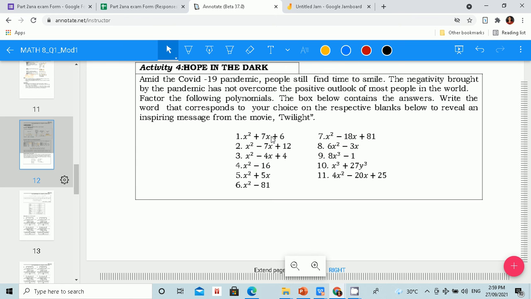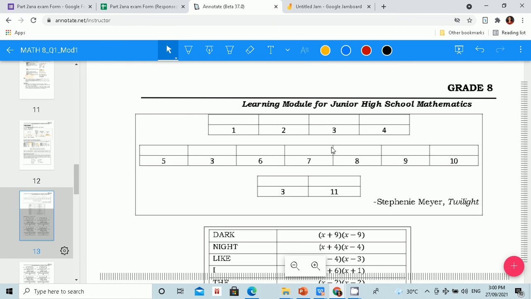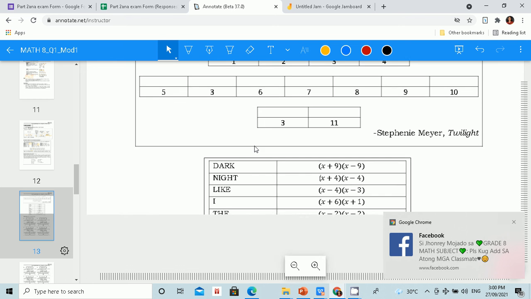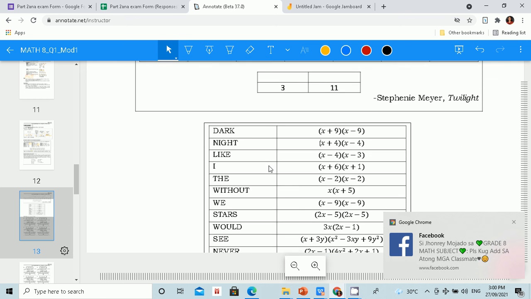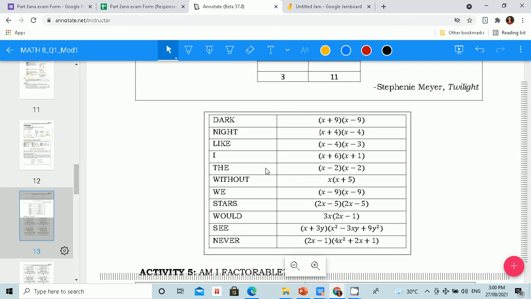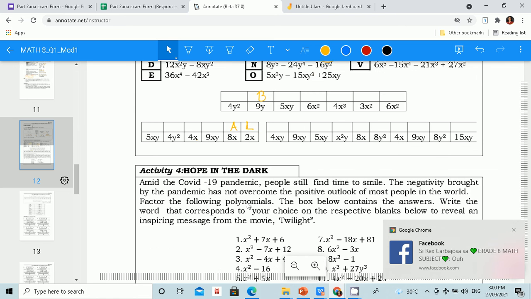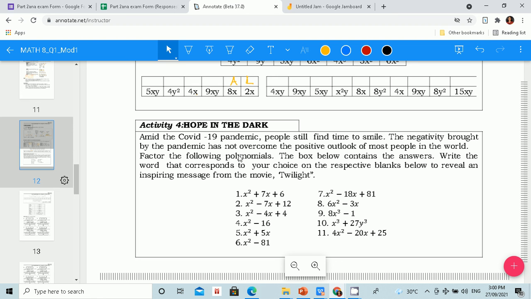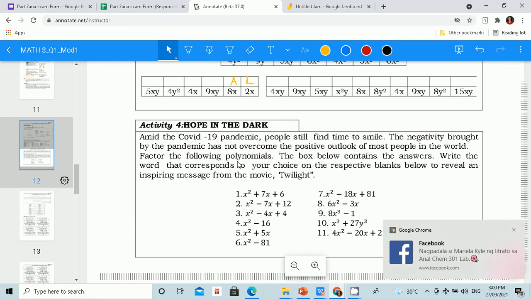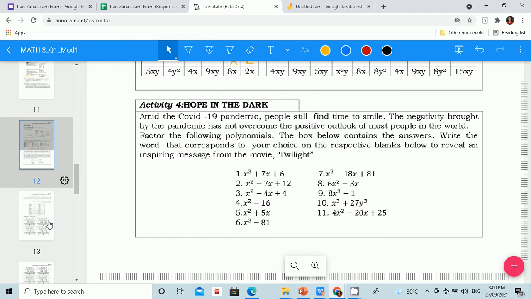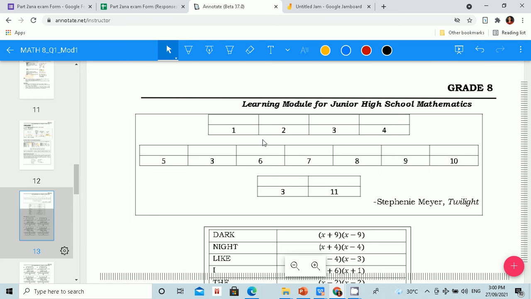write the factor here. That's it. We are going to factor and then write, and then it says here that you will see an inspiring message from the movie when we have answered that one.